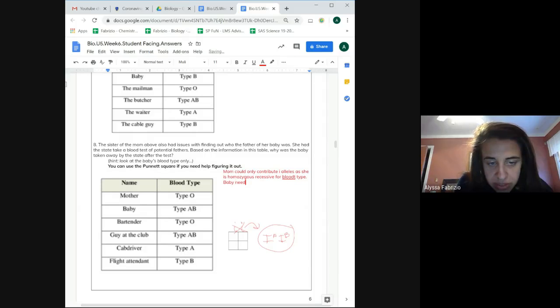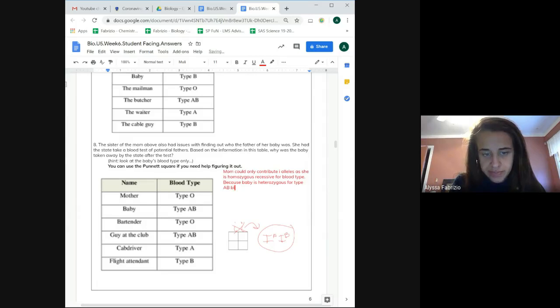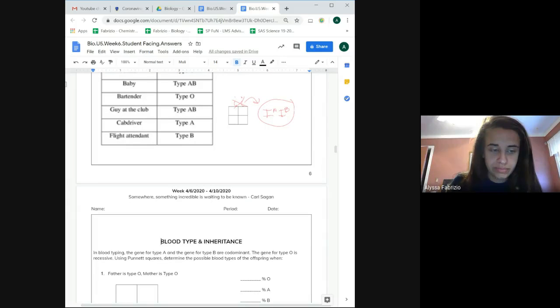Baby is heterozygous for type B blood, so this could not be the mother, as the baby does not have a recessive allele. The mother would have had to have contributed it if that was her child.